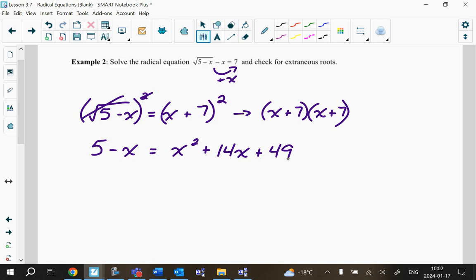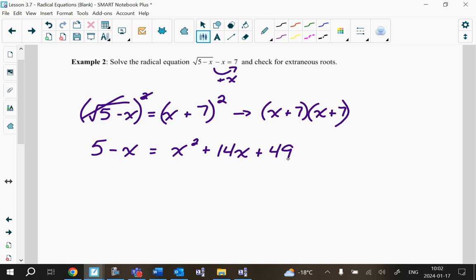Why? Yes, but there's also another reason. If you move this here, it becomes negative x squared, right? That's hard to work with. The x squared is positive here, so let's move everything over.